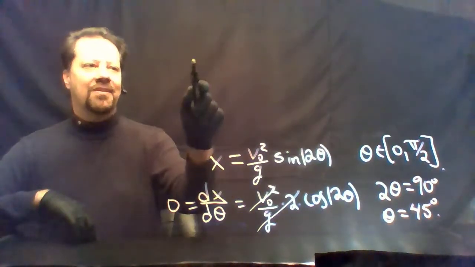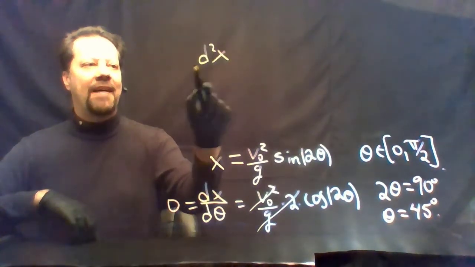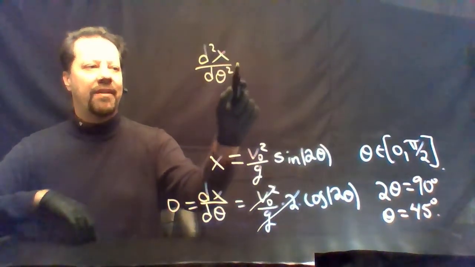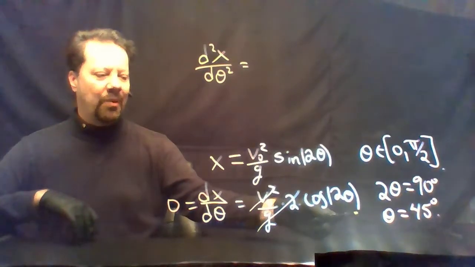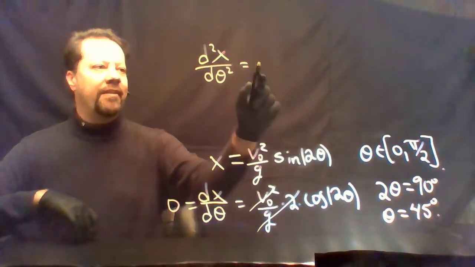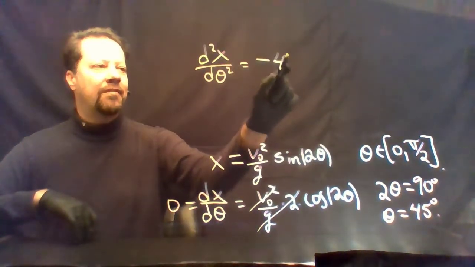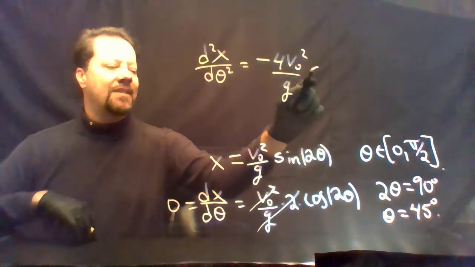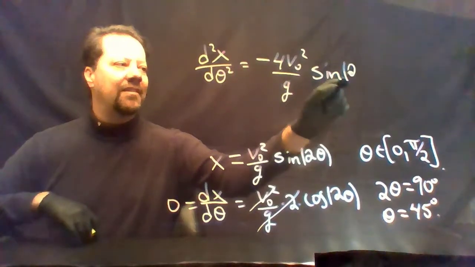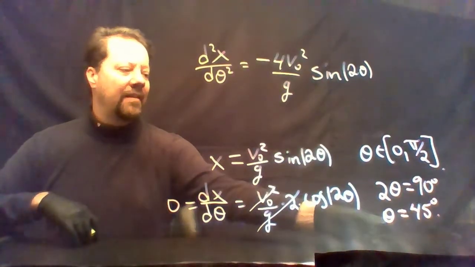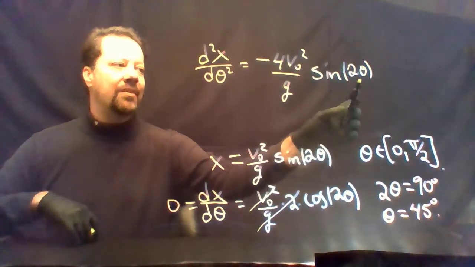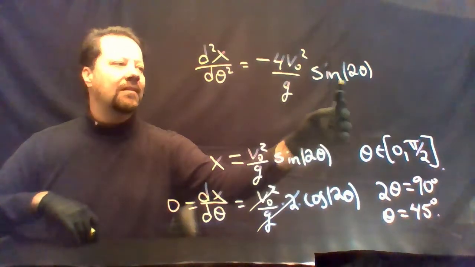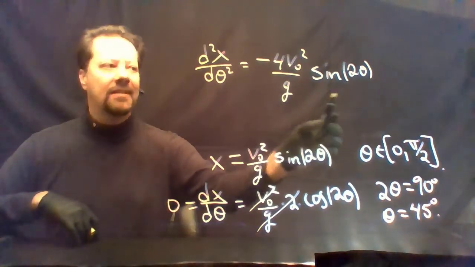To classify this critical point, we need to evaluate the second order derivative at the critical point. The second order derivative will be minus 4 v naught squared over g times the sine of 2 theta. If theta is 45 degrees, 2 times 45 is 90. The sine of 90 degrees is 1.